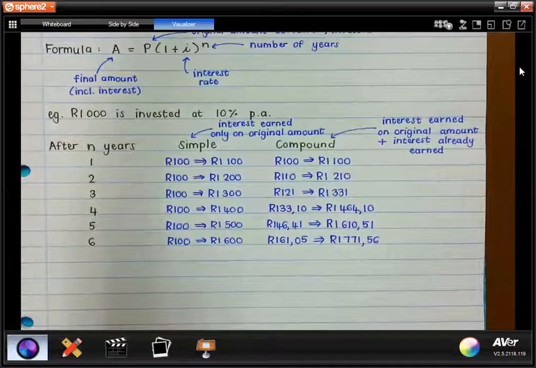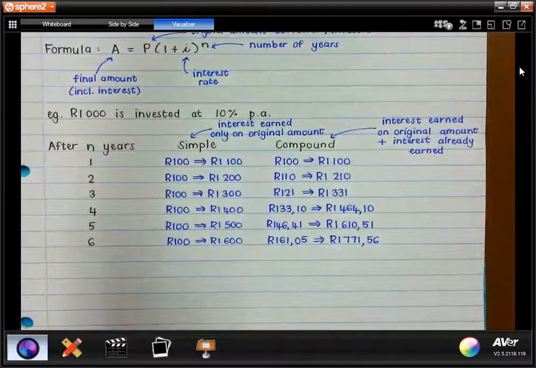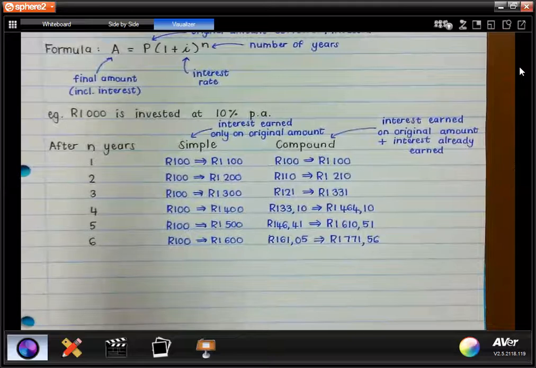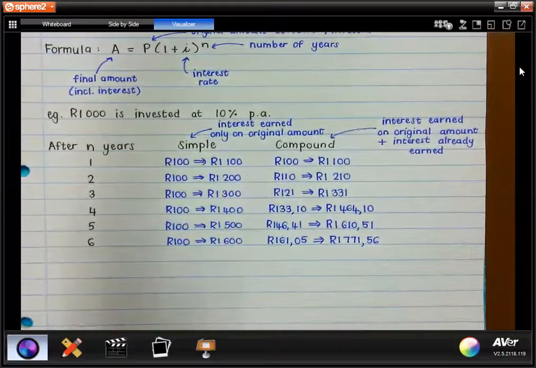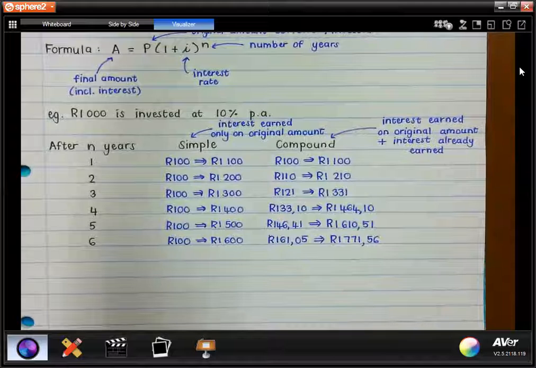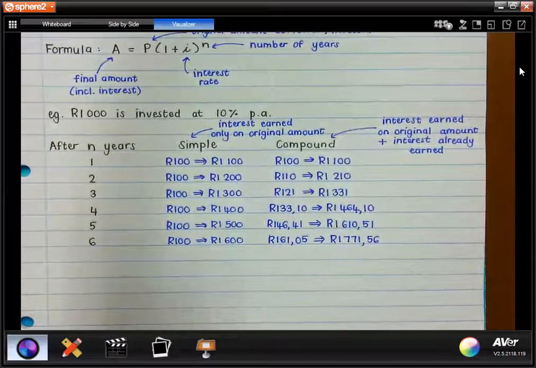Now guys, I mean 170 Rand, what is that? That's very little. But can you imagine if you are investing millions of rands, all right, if you are lucky enough to be able to do that one day, then that would be a huge difference. Okay. So compound interest is better to invest at because you're earning more interest.